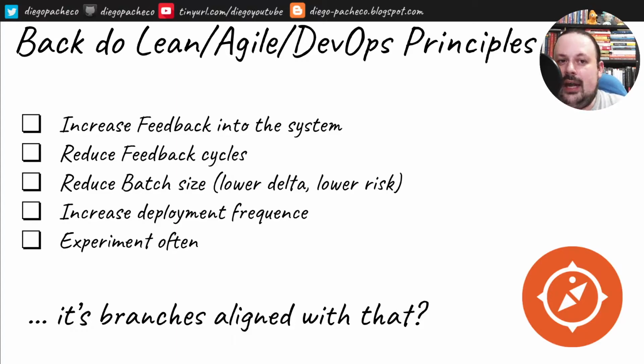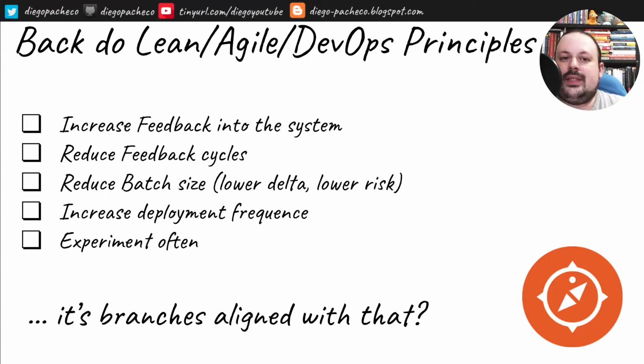First, you want to increase the feedback on the system. You don't want to reduce the feedback on the system. So you want to get feedback faster. Whatever branching model you are using, or no branches, you need to think: is that increasing or decreasing the feedback on the system? That's one principle we want to follow from Agile.